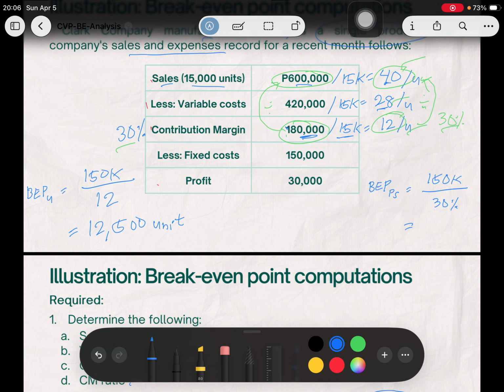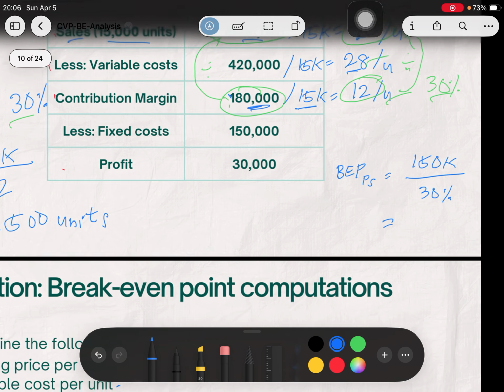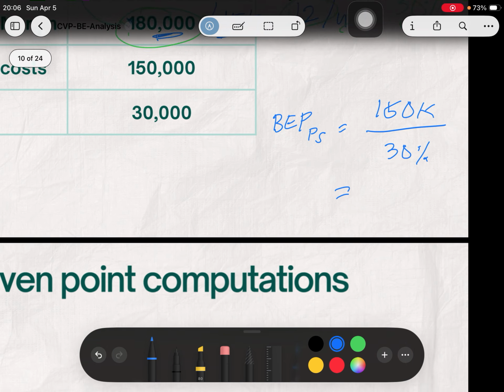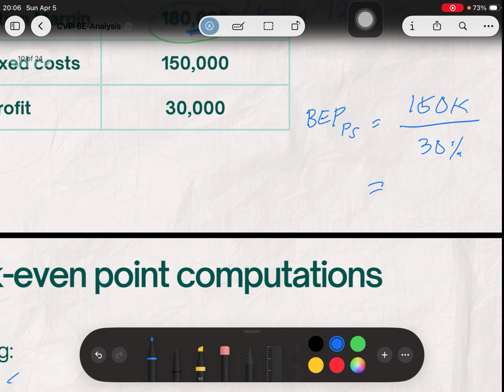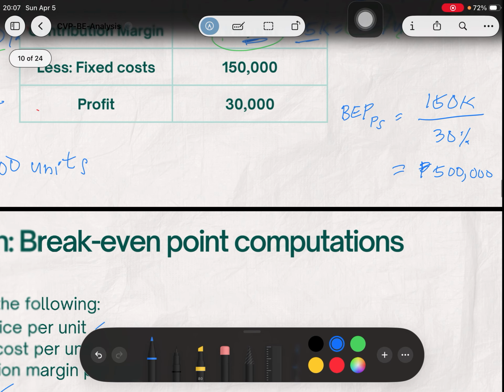units. Okay? Kapag naman sa break-even point in peso sales, 150,000 divided by 30%. The answer is 500,000 pesos. Okay?